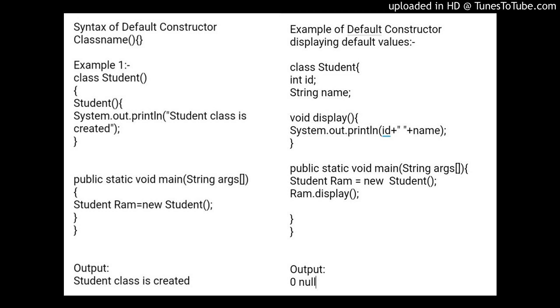The default constructor is one which does not have any parameter. What is the syntax for it? Its syntax is the class name, then without space, parenthesis start, parenthesis close. Within the braces you can write anything, however there won't be any parameter passed through it.